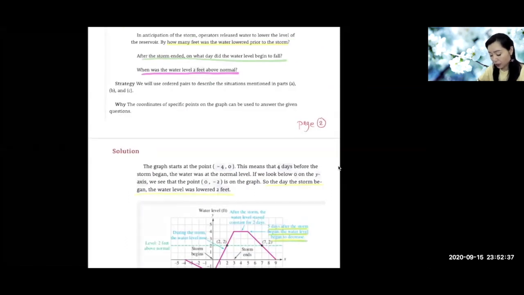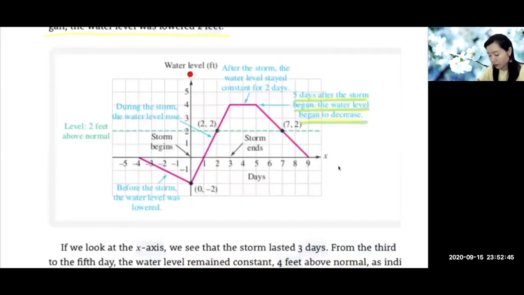So the last question: when was the water level 2 feet above normal? Well, the water level is on this y-axis. So we locate 2 feet over here, and we want to find the corresponding day. We look to the side and hit the graph. Looks like I hit the graph here and also here, and the corresponding days are day 2 and day 7.